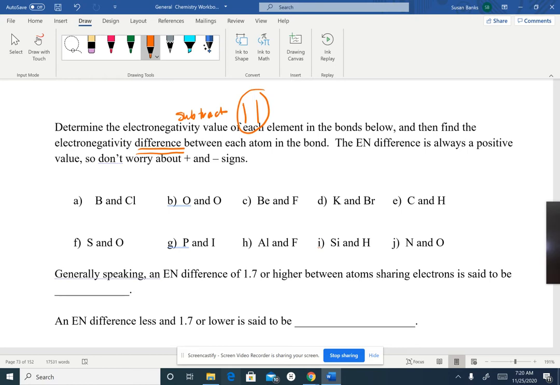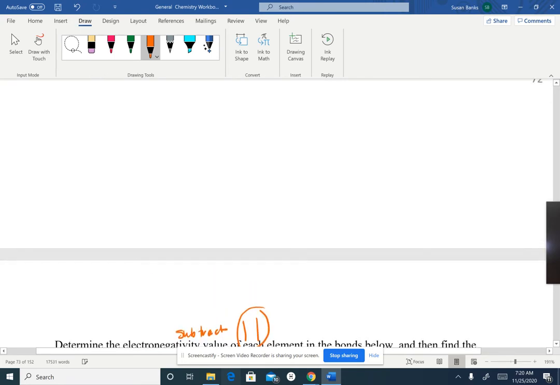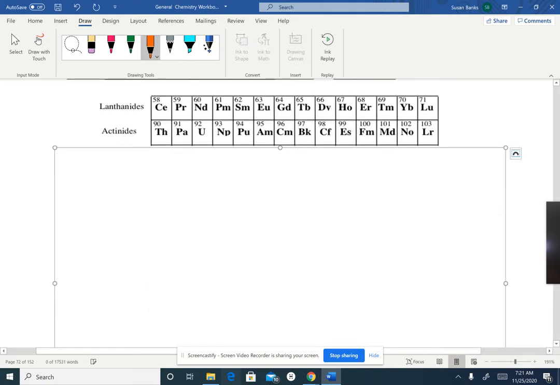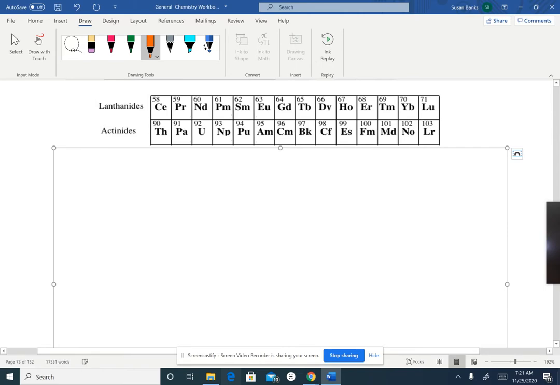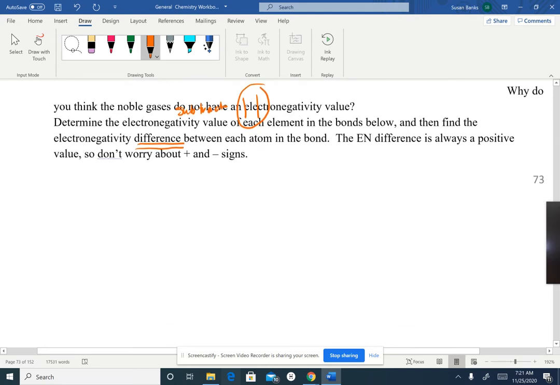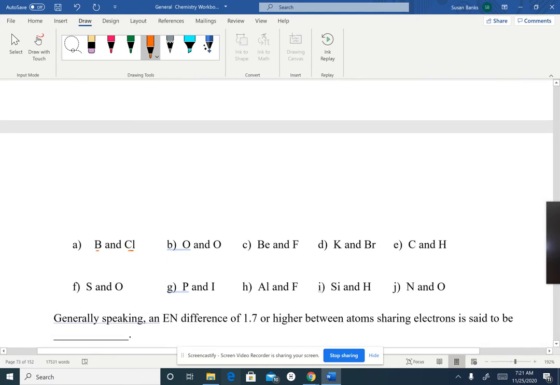All right, so we're going to look at boron and chlorine. Boron, right here, we have 2.0, and chlorine, we have 3.0. So let's look at that difference. Boron is 2.0 and chlorine is 3.0.